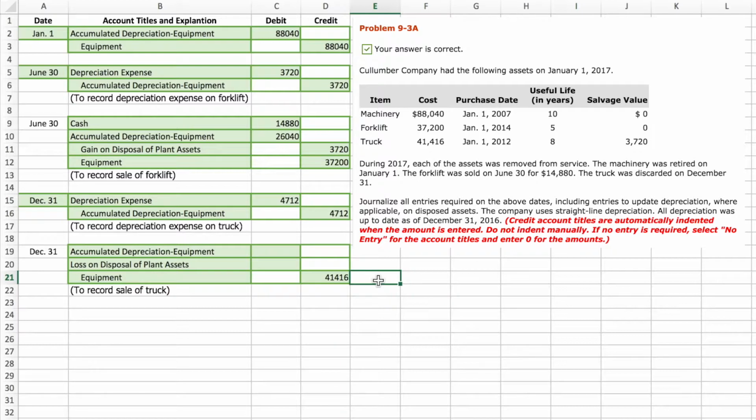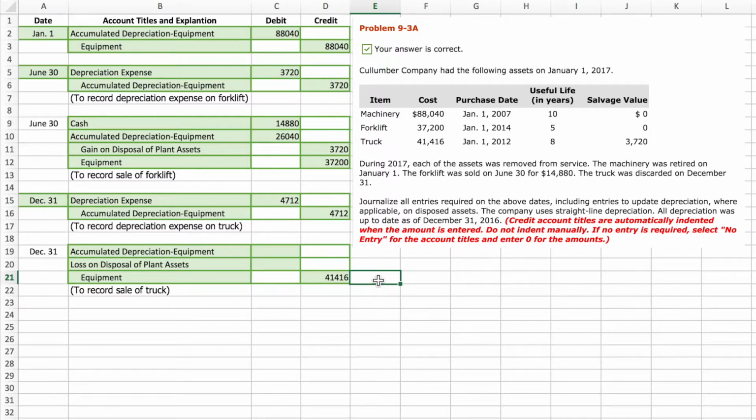To find out what the depreciation value was, we need to take our annual depreciation, which we calculated above as $4,712, and multiply that by 6, because they bought the truck on January 1st of 2012, but they sold it on December 31st of 2017. So if you calculate that time out, that's a total of 6 years.